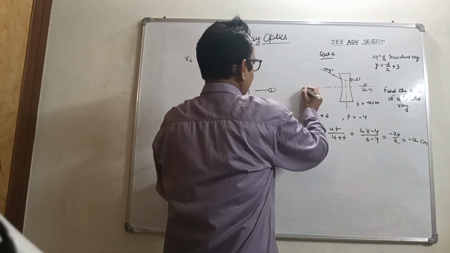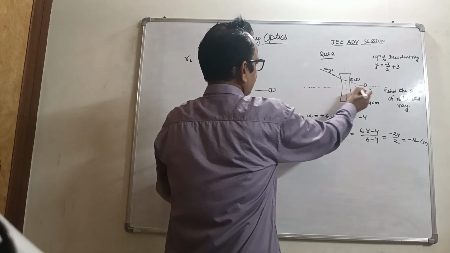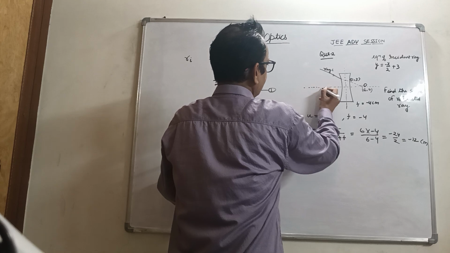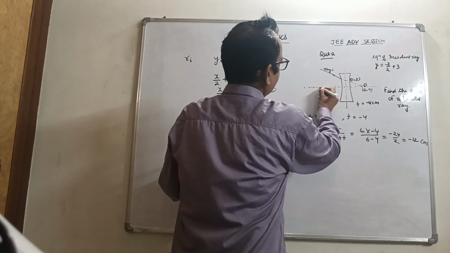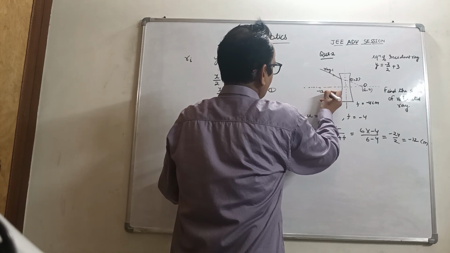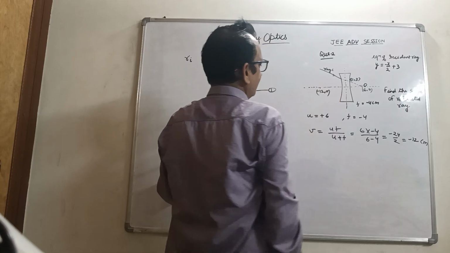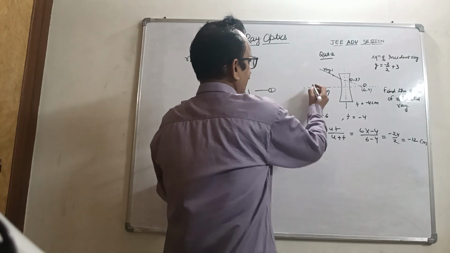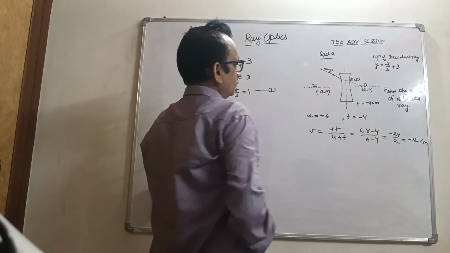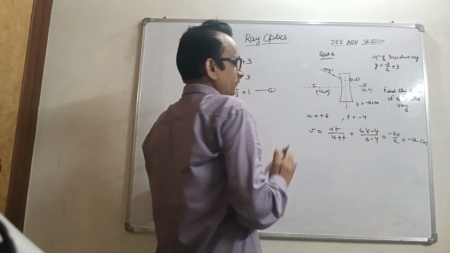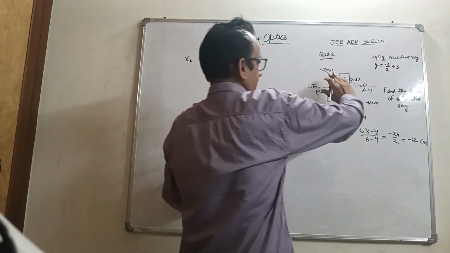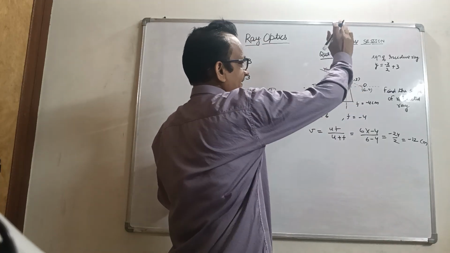So at that particular point, this is 6, and this would be minus 12 comma 0. At that particular point, the image would be formed. So we know the concave lens diverges the rays.